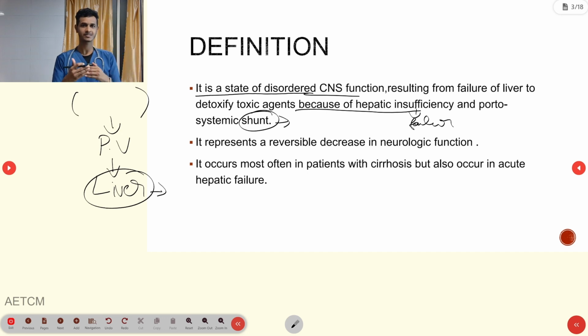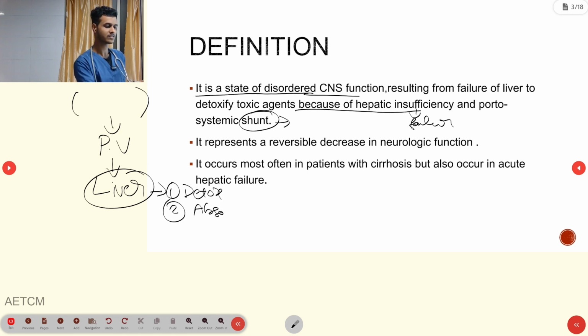So this is the process that happens in the liver. The liver first detoxifies, and second, it absorbs all the nutrients. These are the two major functions of the liver. From that filtered blood, it then reaches your inferior vena cava and automatically your right atrium.